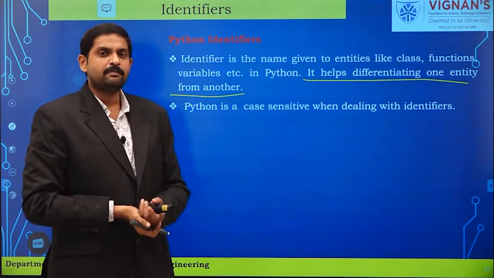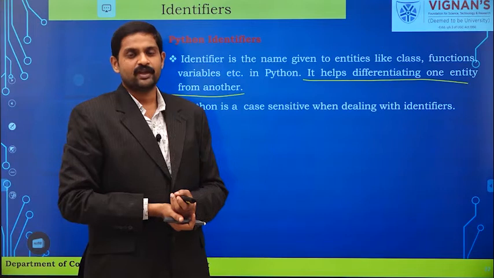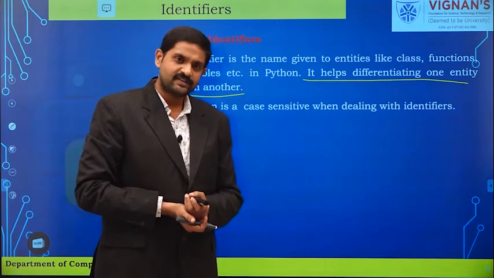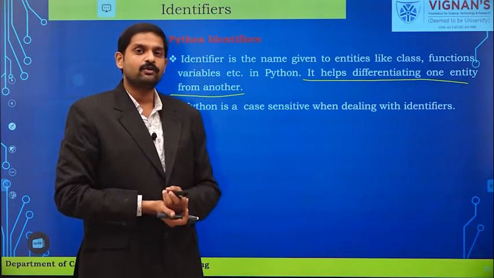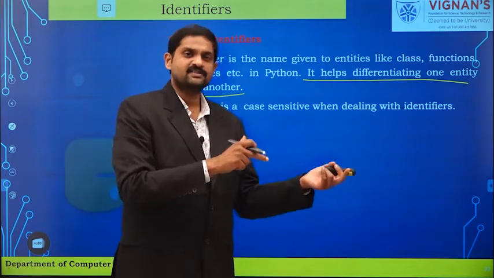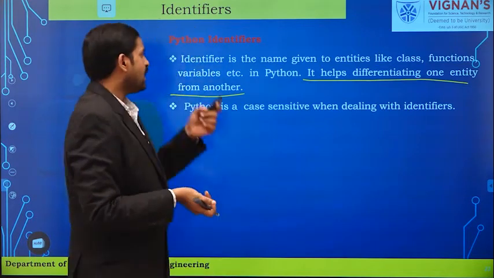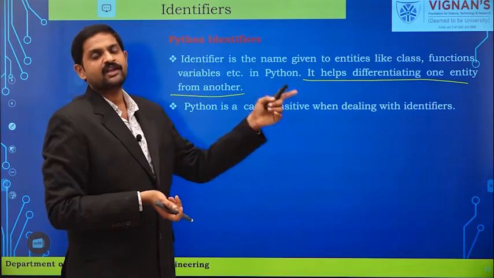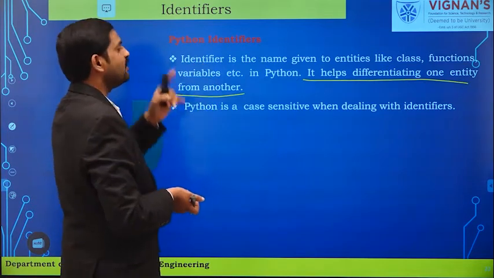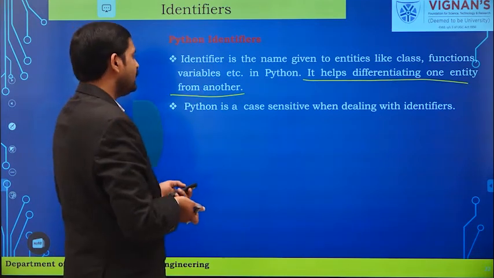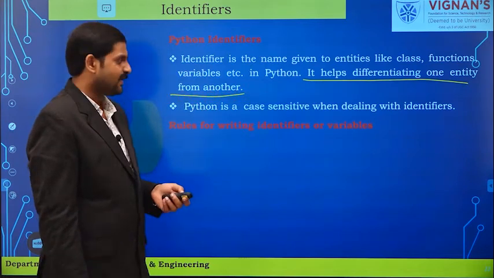In the previous examples you have seen the variables and the values. f equal to 10, f is the variable, 10 is the value. f equal to "after", f is the variable, "after" is the value. An identifier is the name given to entities like class, function and variables. Python is case sensitive while dealing with identifiers.